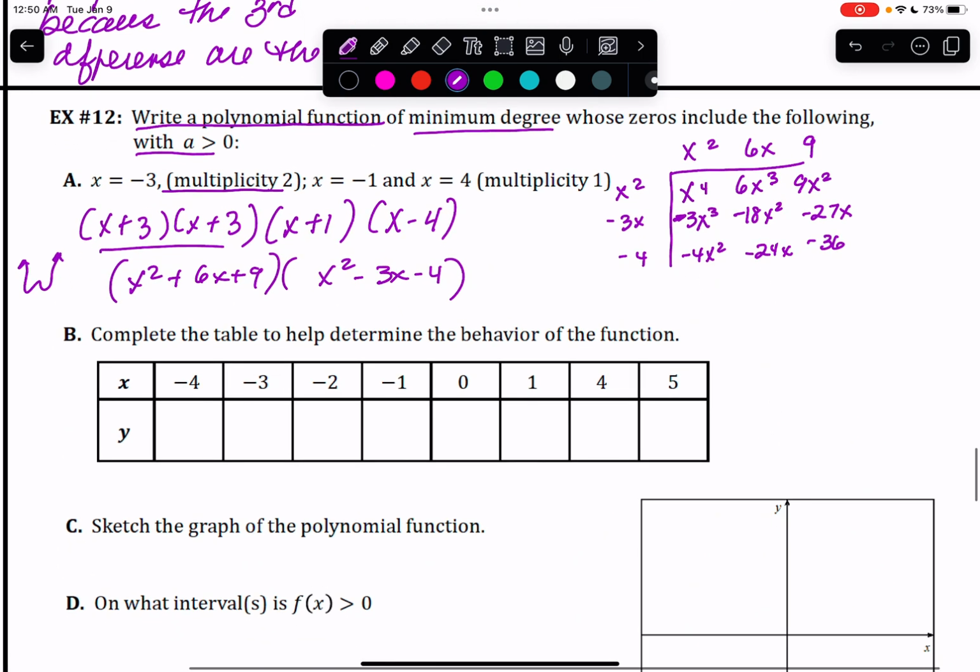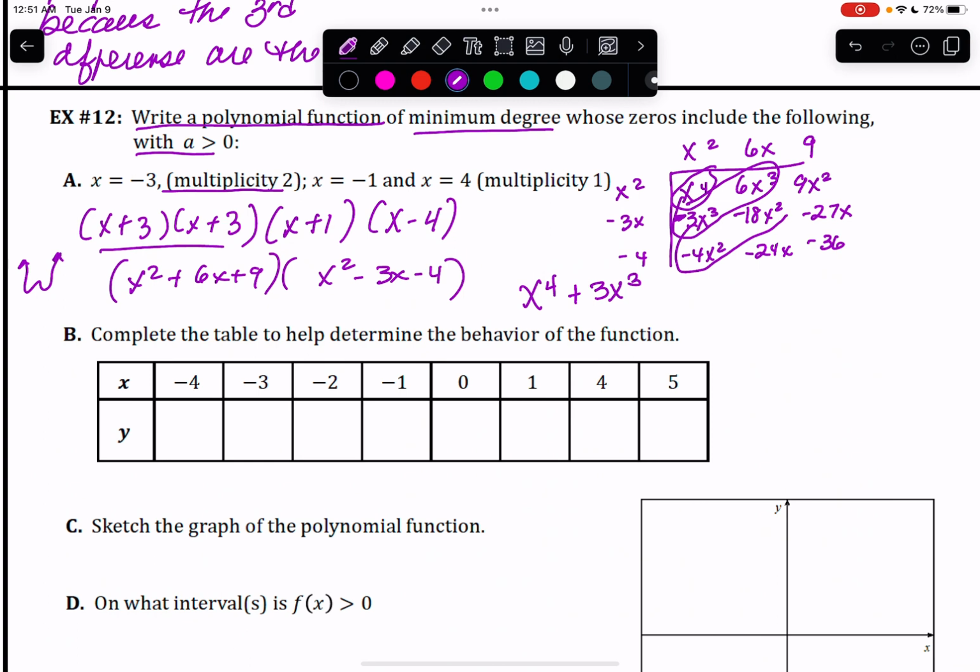All right, so let's put that together. I have x to the 4th. I have a negative 3x cubed and a 6x cubed, so that would be plus 3x cubed. I have negative 4 and negative 18 and 9, so that would be negative 13x squared. I have negative 27 and negative 24, so that would be negative 51x.